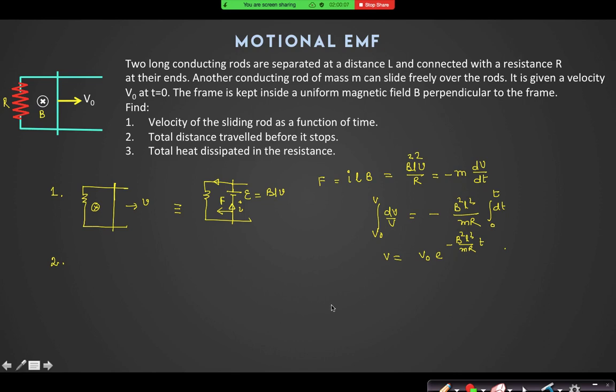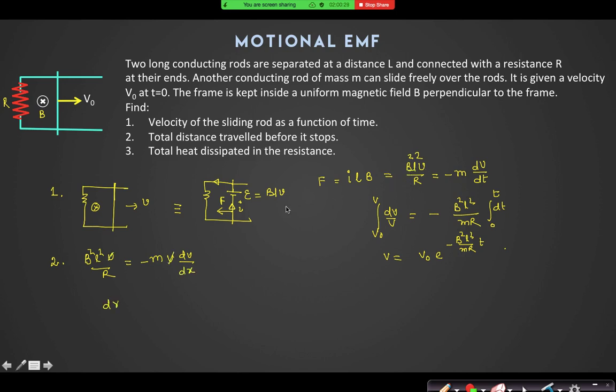Second answer, you can find the distance travelled. I can say that this force F is equal to B square L square v by R. I can write it as minus m into v dv/dx. Yes or no? Yes, sir. V gets cancelled out.